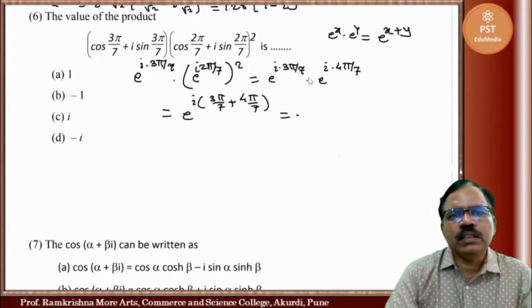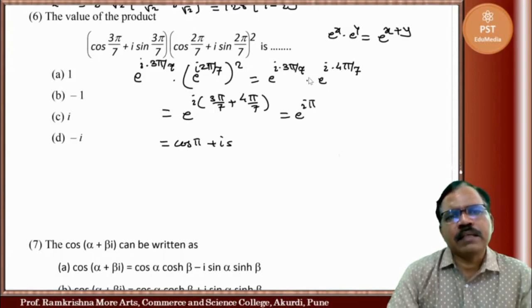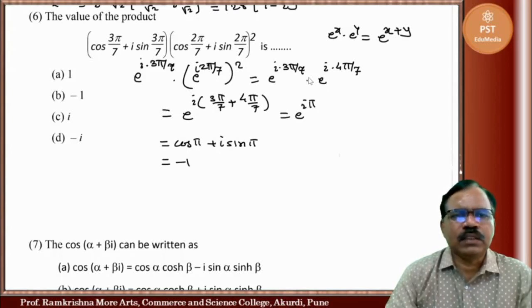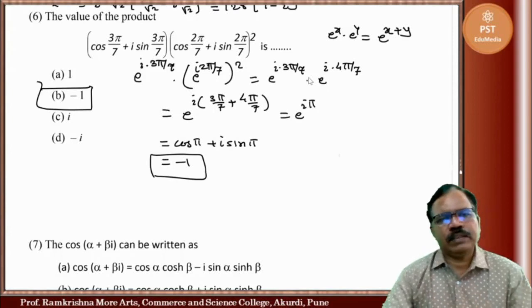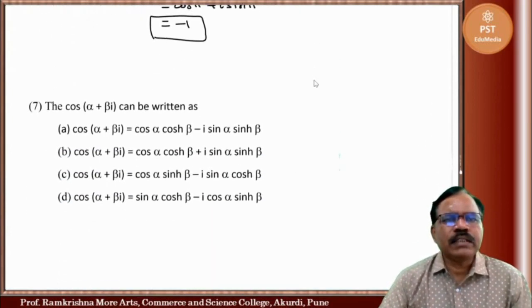This gives you e raised to iπ. e raised to iπ means cos π plus i sin π. cos π is minus 1, sin π is 0, so you will get minus 1. So here, minus 1.